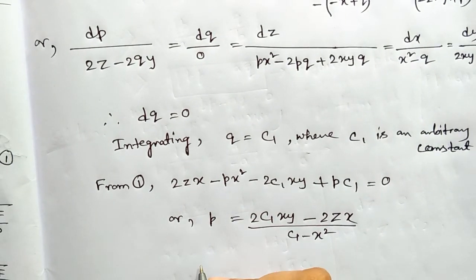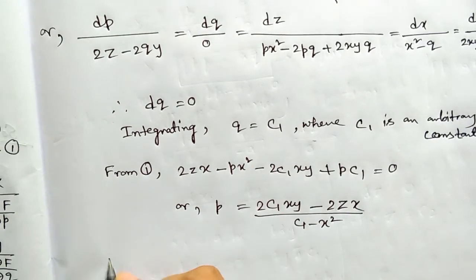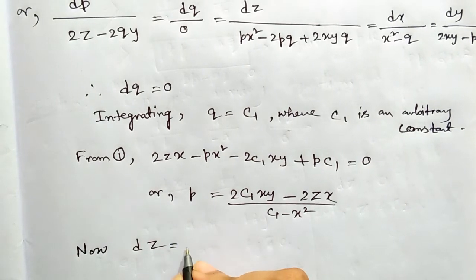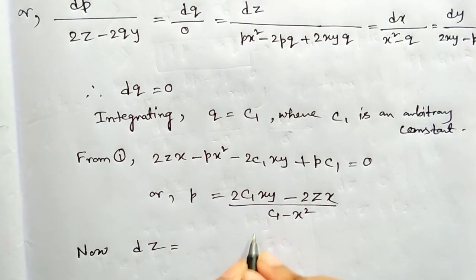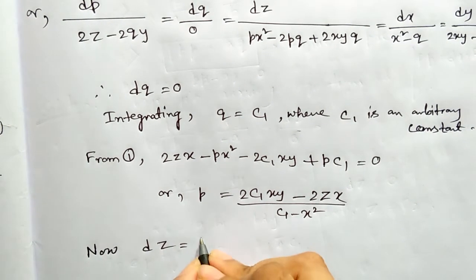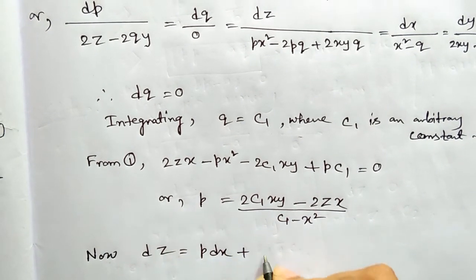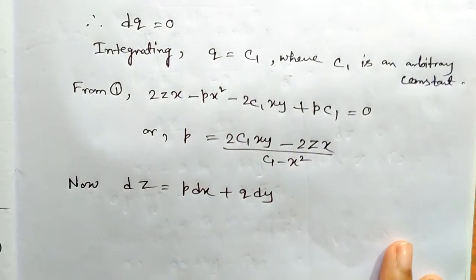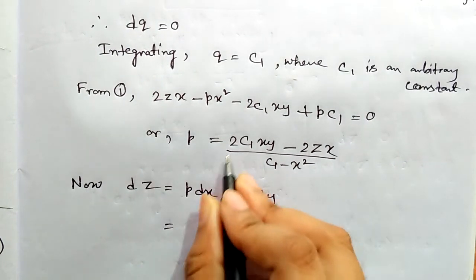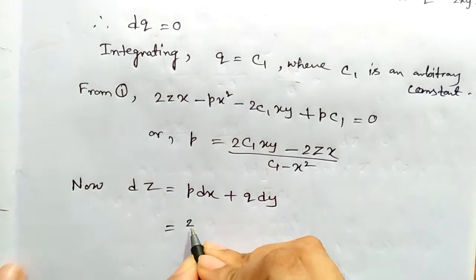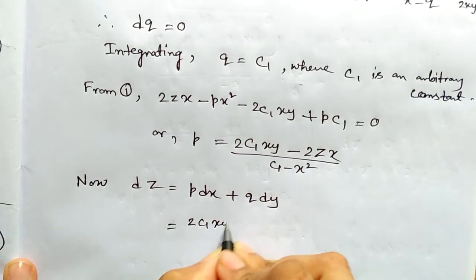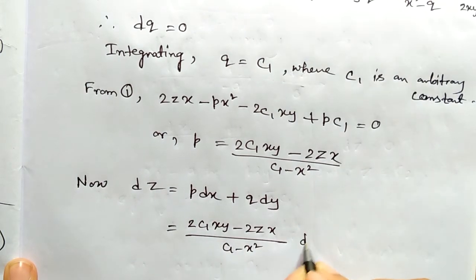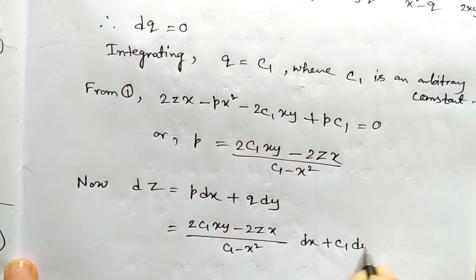Okay. So now dz equal to del z del x dx plus del z del y dy. So we can write p dx plus q dy. So p is 2c1xy minus 2zx by c1 minus x square, dx plus q is c1 dy.